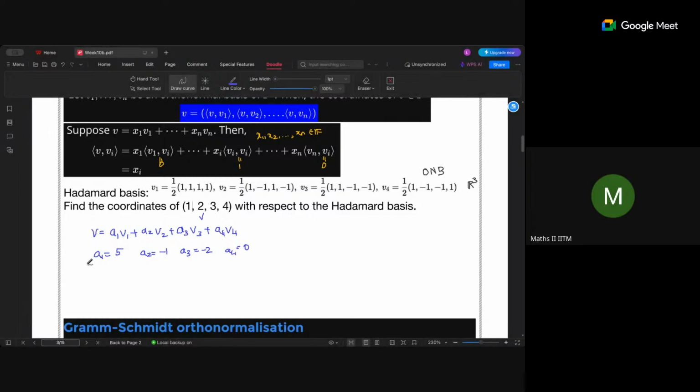What did you not understand? See, it's very simple. For finding a1, it is simply the inner product of v comma v1. So v is 1, 2, 3, 4, and v1 is 1 by 2 times 1, 1, 1, 1. 1 by 2 is just a number, so we can bring it outside, and then do the inner product. 1 into 1 is 1, 2 into 1 is 2, 3 into 1 is 3, 4 into 1 is 4.